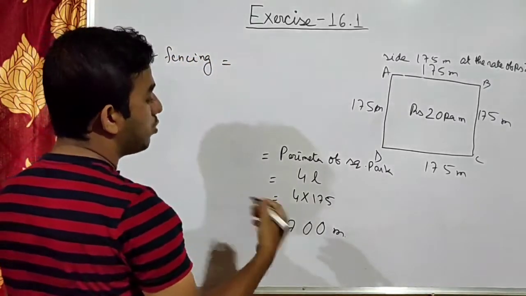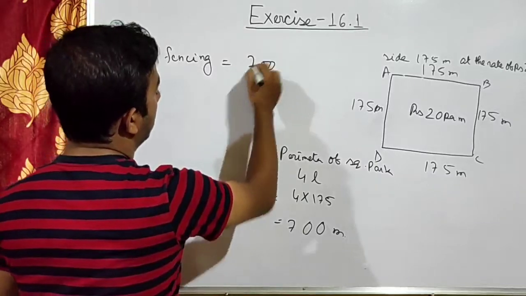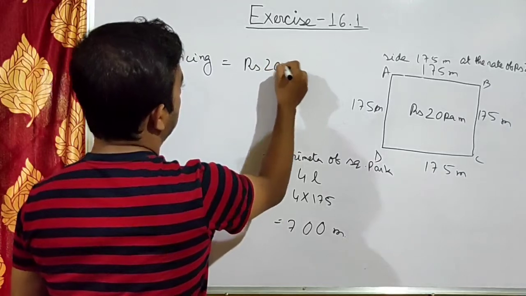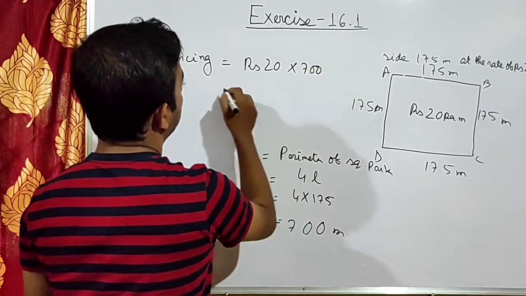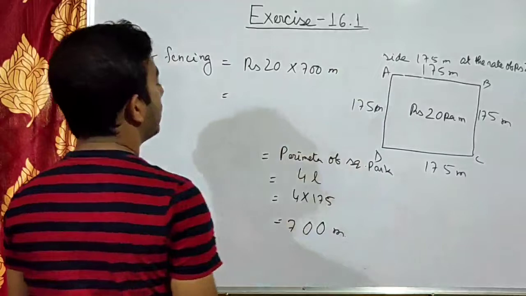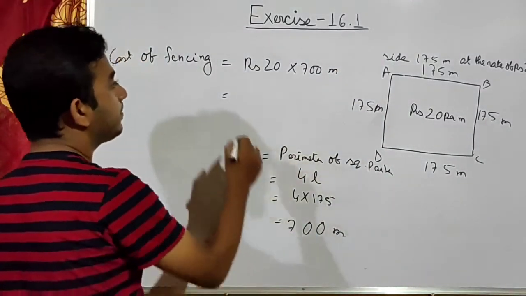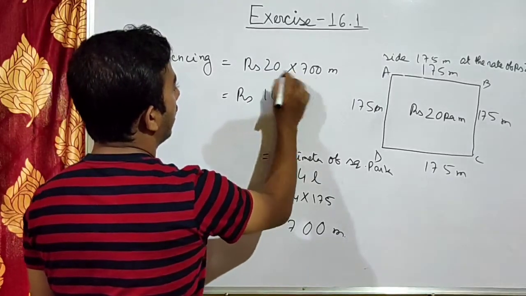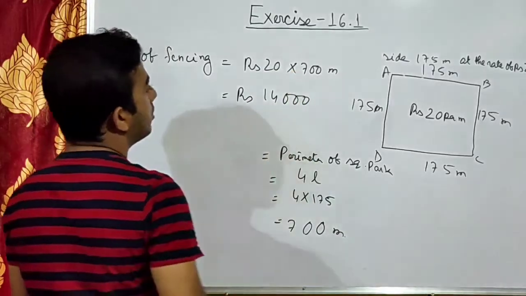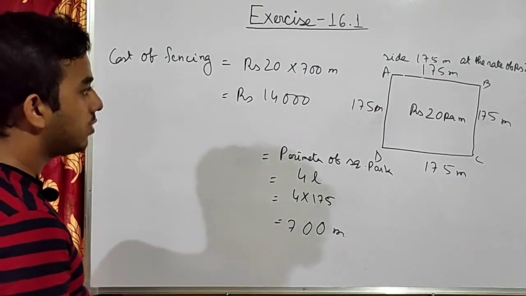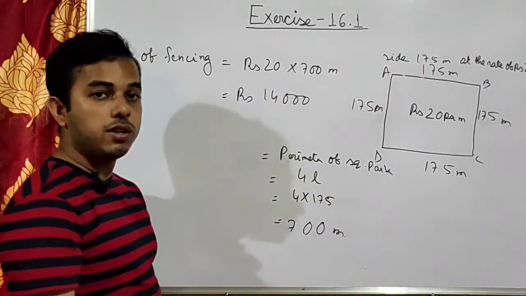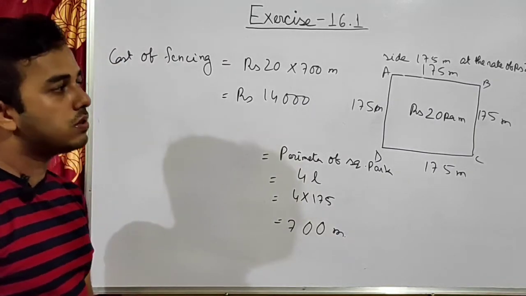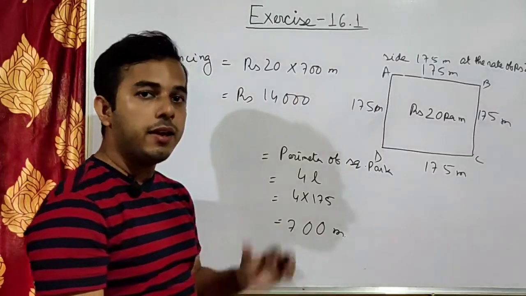Cost of fencing will be the total length, that is rupees 20 into 700 meter. Clear? So it will be how much? 7 into 2 is 14. Then how many zeros? 3 zeros. So this is our total cost, that is 14,000, isn't it? The owner of the park has to pay 14,000 rupees to build a fence.